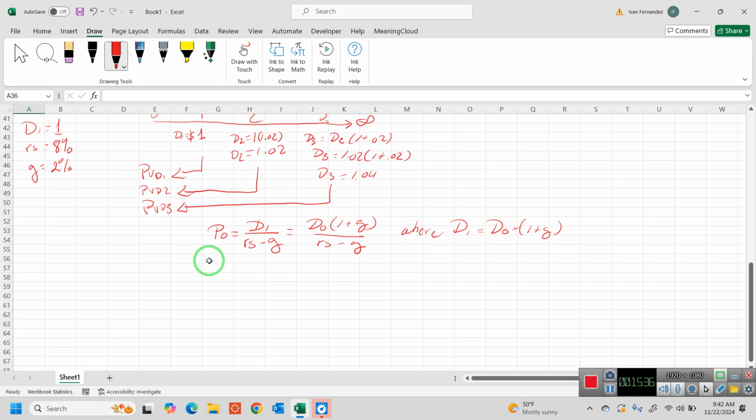So let's go back to our problem and let's do some math. D1 is going to be $1. That's going to be the next payment, the next dividend. The required return is 8% minus the growth, which is 2%.